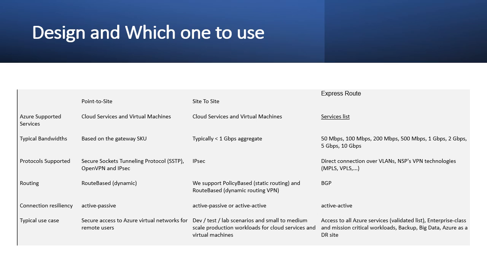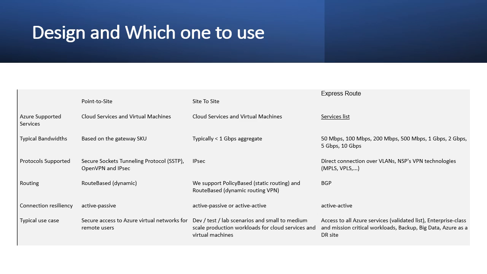But here you get more speed, up to 10 Gbps, and a direct connection. The protocols supported are direct connection over VLAN, NSP, VPN technologies, MPLS, VPLS, and so on. In site-to-site VPN, BGP is not mandatory.